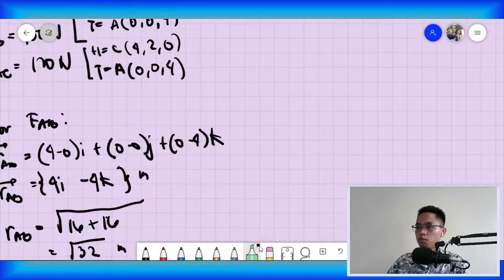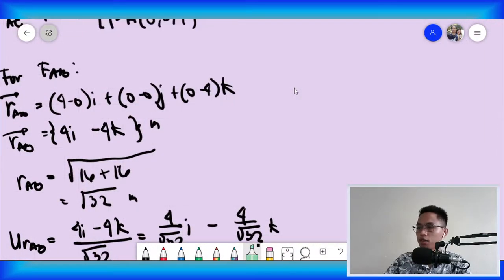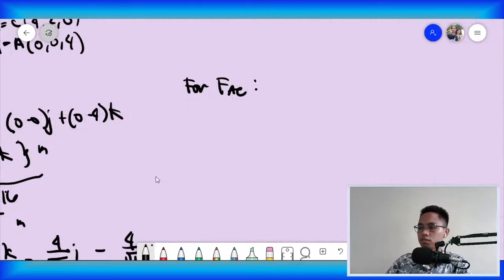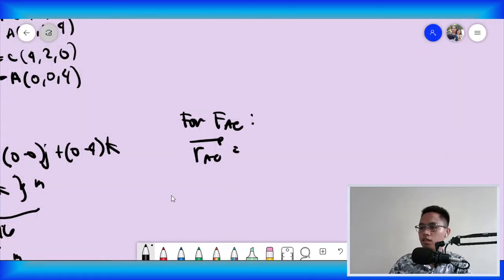Now, let's proceed with FAC. Our position vector AC is head minus tail, that should be 4 minus 0, so 4i, plus 2 minus 0, that should be 2j, 0 minus 4, minus 4k.